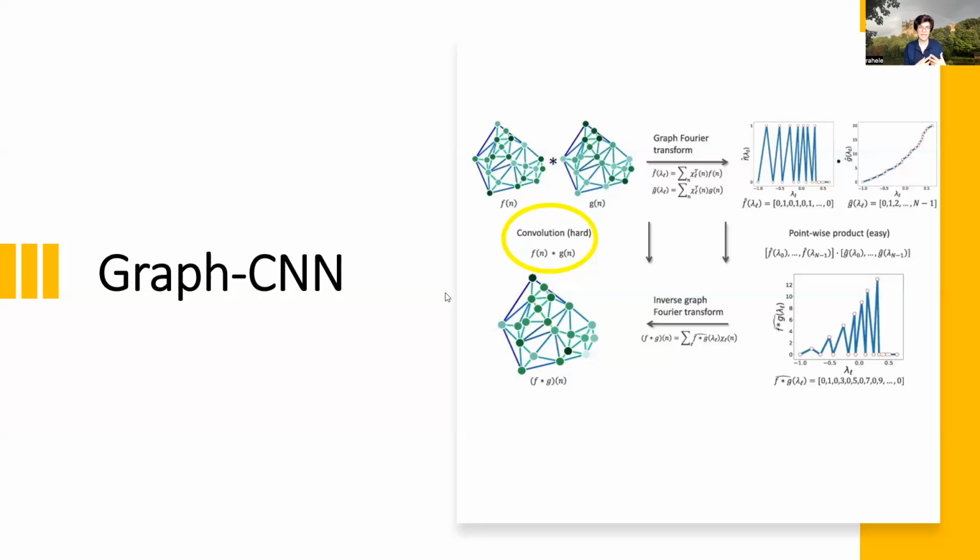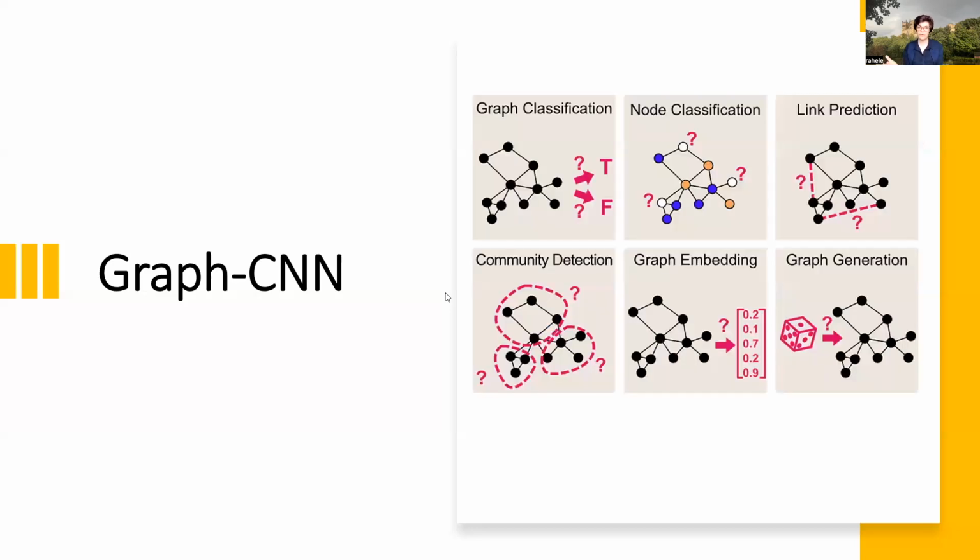Therefore, I can expect that the input is this time a kind of graph rather than an image or signal. And the output can be anything: it can work for classification of graphs, classification of nodes, link prediction, community detection, embedding, generation, anything. And they can all be used in different applications like metamaterials.